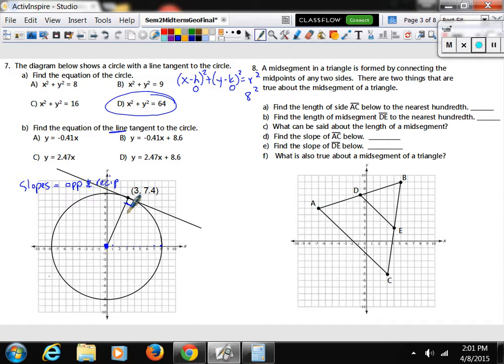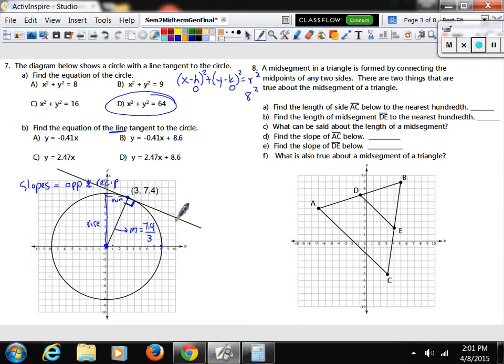We can find the slope of this line. You're going to go up 7.4 and you're going to go over 3. So my slope of this line equals 7.4 over 3. You start at 0, 0. You went up 7.4. You went over 3. That's my slope. Rise over run.